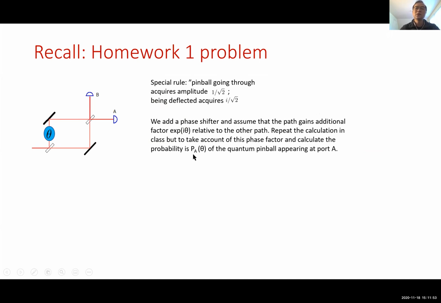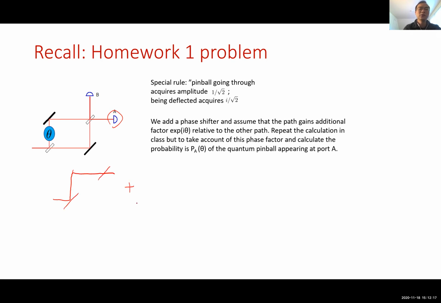And this is expressed in terms of the probability of a particle going to here. So you still remember how we solved this problem, right? Essentially we are using interference. For example, the probability of going to A comes from two paths.